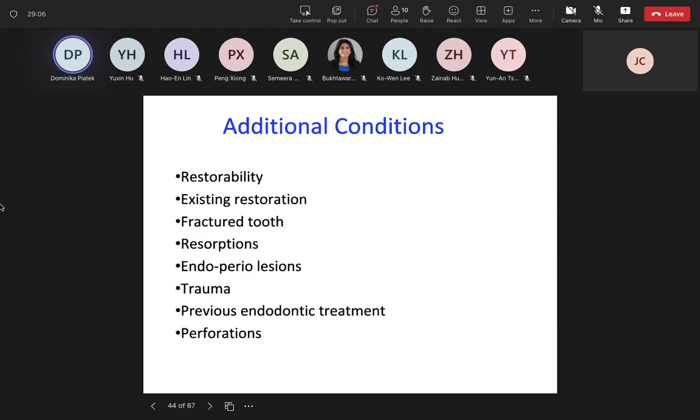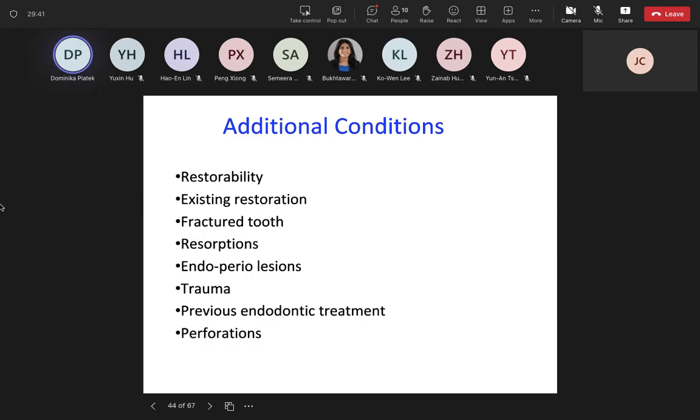And perforations are kind of our iatrogenic causes of problems, because these perforations can be done at almost every stage of the preparation. First, it can be perforation of the crown during the opening, getting access to the pulp chamber, and when we're trying to find root canal orifices.